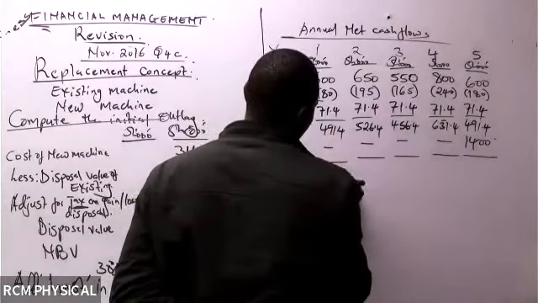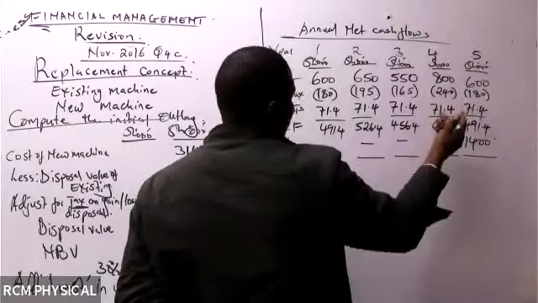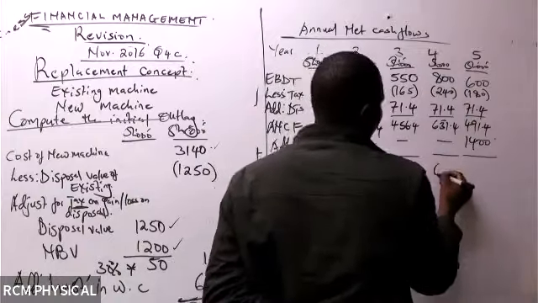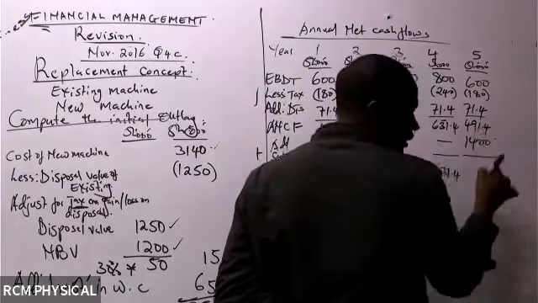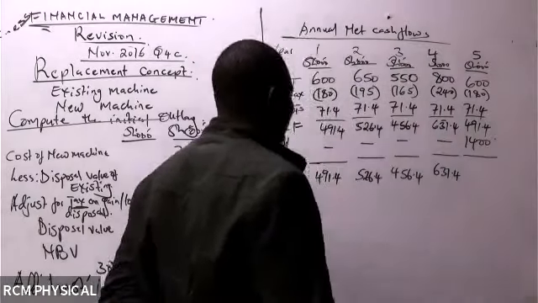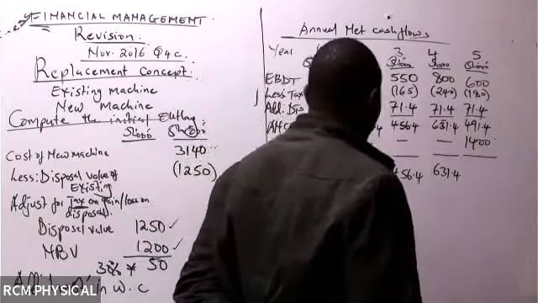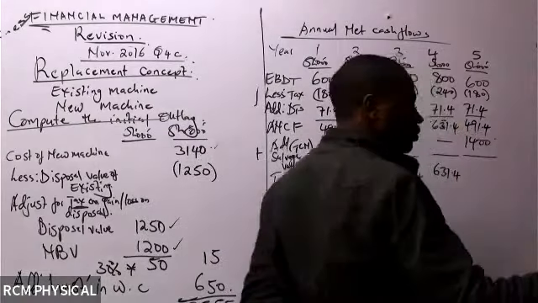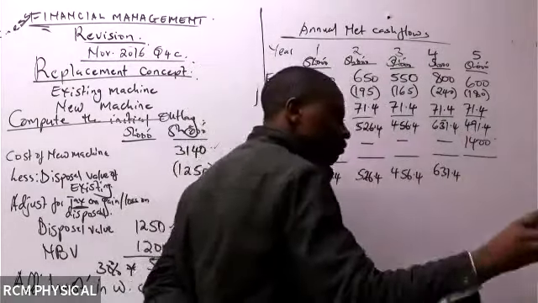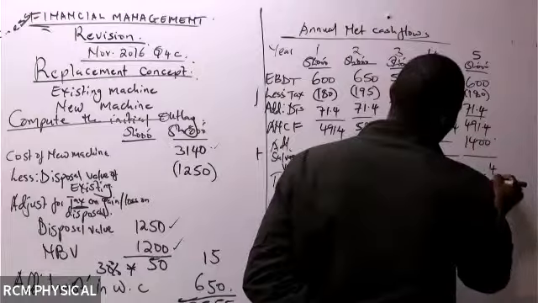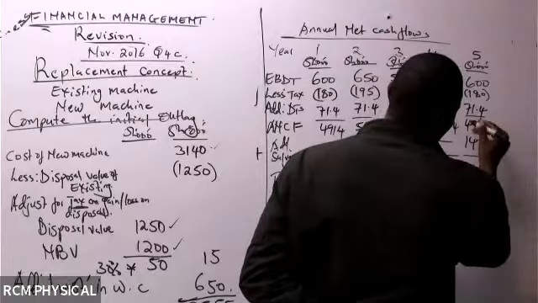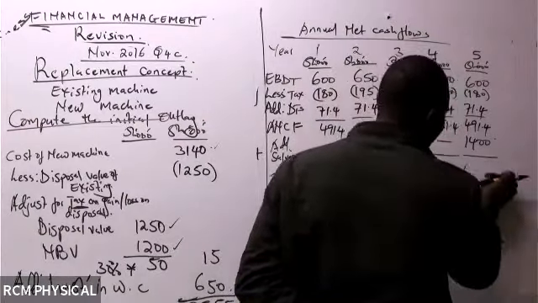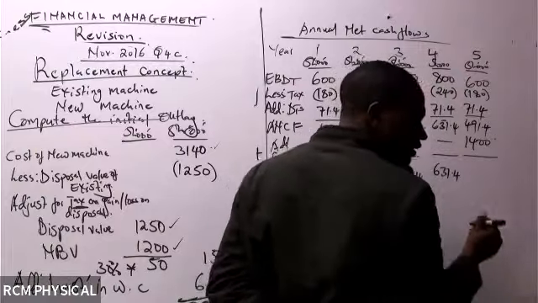The first one is 491.4, then 456.4, then 631.4. Then the total for the last year, adding the salvage: what is the total here? It is 1,891.